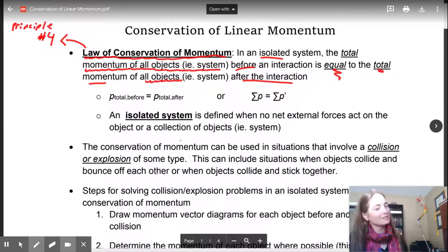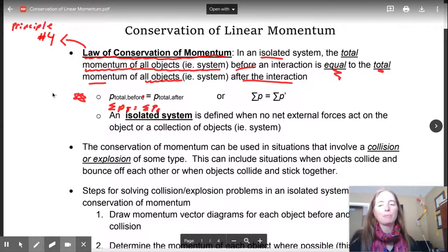And ladies and gentlemen, this here is going to be our big thing. You could even rewrite this. The P total, I often like to write it as sum of P initial is equal to the sum of P final. Remember that the Greek letter sigma means sum of.